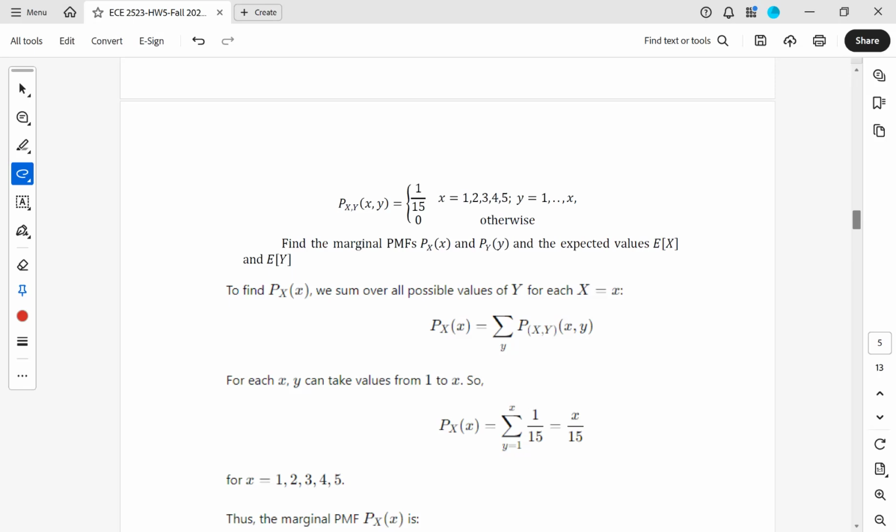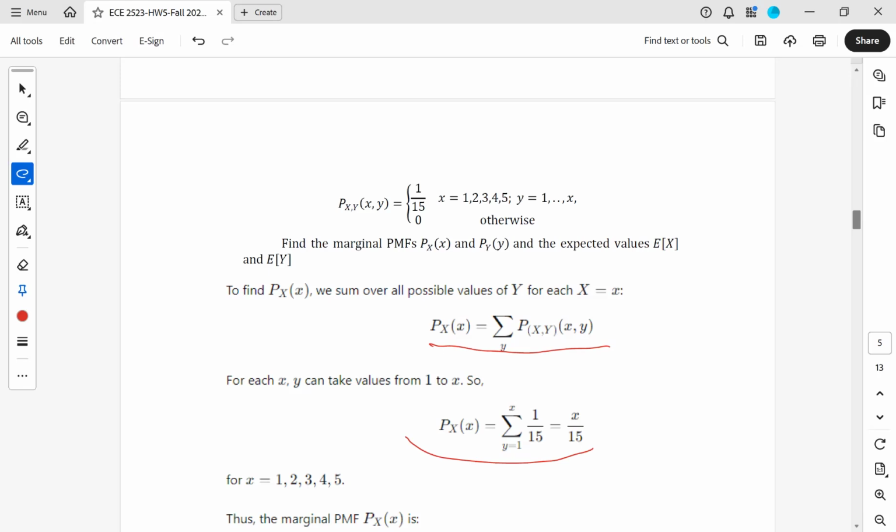So now we have X and Y. If we want to calculate the marginal PMF for X, we have to sum the probabilities over Y. Let's do that. That means we have a summation over all the values of Y. The values that Y could get are from 1 to X. Because the probability distribution is even, for each point we have a 1/50 chance.